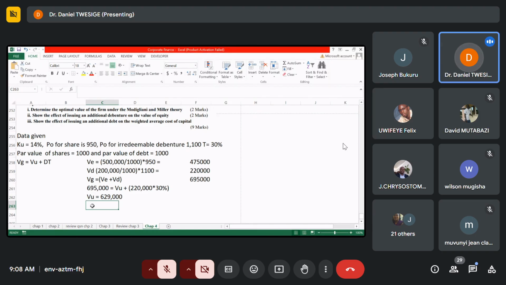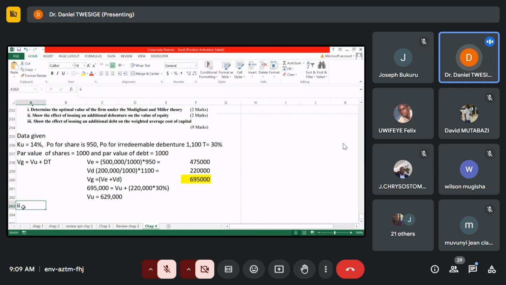So even if you go back, if you get this plus the debt tax shield, you are going back to this. So this one is only going to help us to compute part 2 of the question. But part 1 of the question should be answered in this. That's part 1.